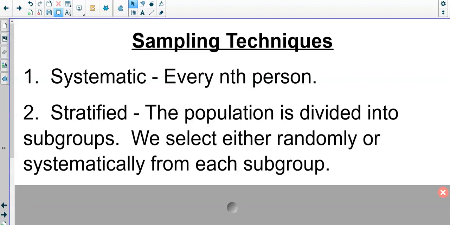So I would take whoever is assigned number 3 in my subgroup of dual enrollment. I could take whoever was assigned number 3 in my subgroup of first semester students. I could take whoever was assigned number 3 in my students that are classified as second semester students.